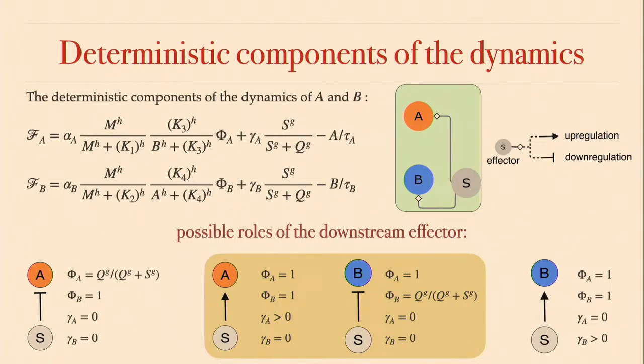I won't go into much detail on the model, but just to say that once again it looks kind of horrible because we want to model 4 different coupling types within the same model. We want to account for all 4. If you want S to inhibit A, S to upregulate A, S to inhibit B, or S to upregulate B, all you have to do is change these parameters accordingly, and that would describe the scenario.